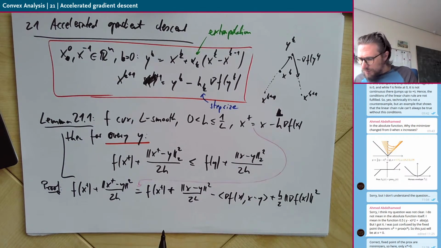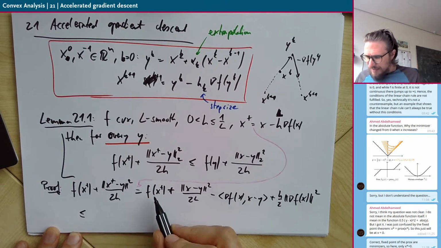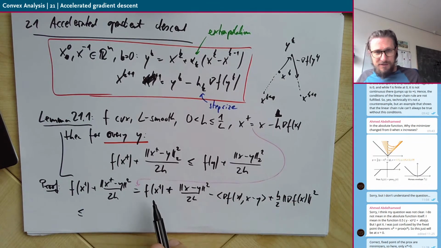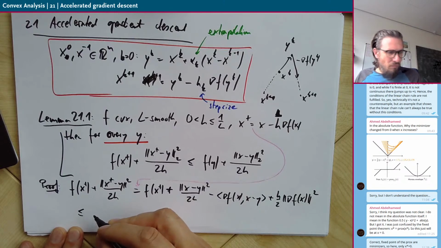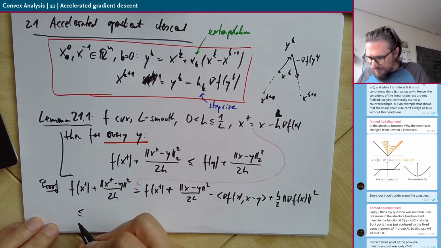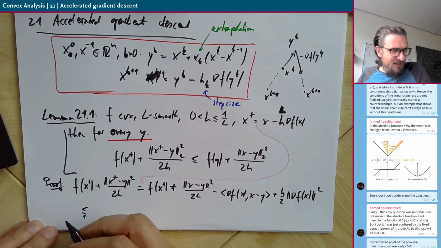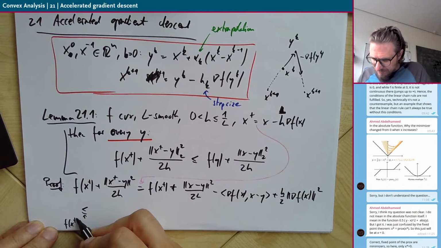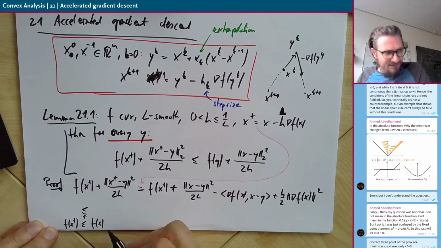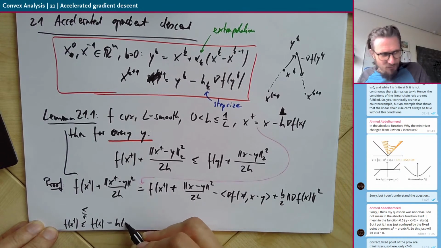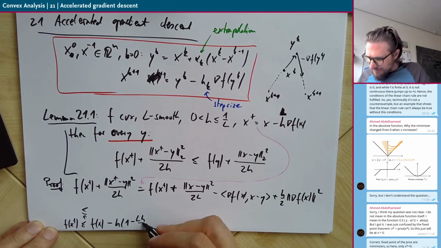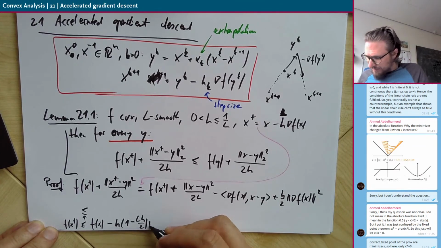So now we use that this is also a gradient step over here. We know that if we do a gradient step, then we have decreased the function value. So this value here is smaller than f of x plus something. What we need is that f of x plus is smaller than f of x minus h times 1 minus Lh over 2 times the norm of the gradient squared.